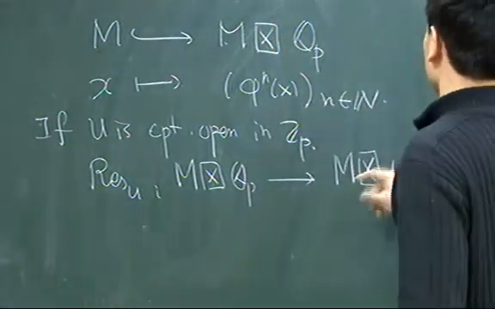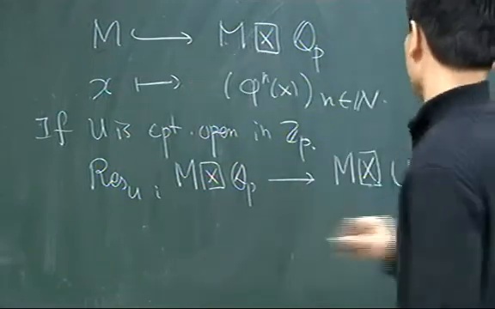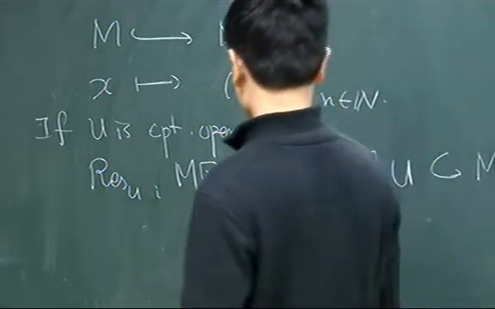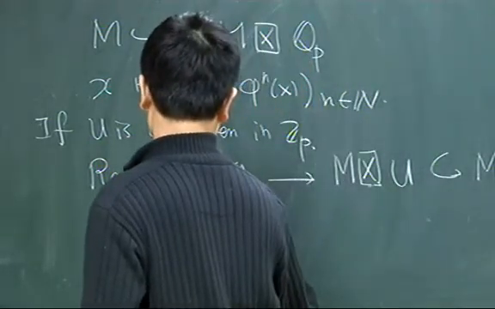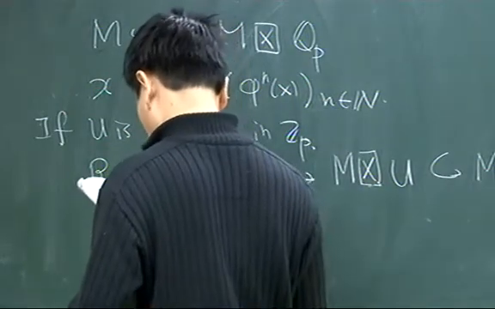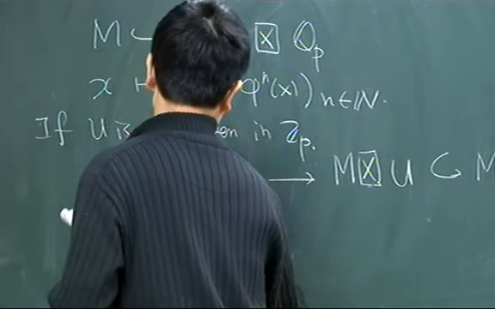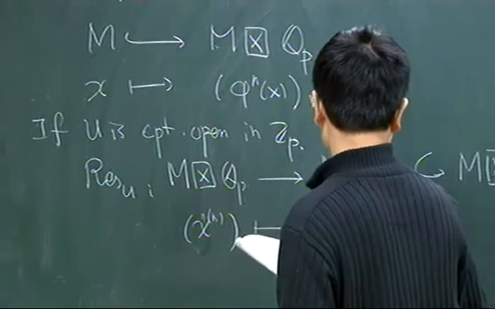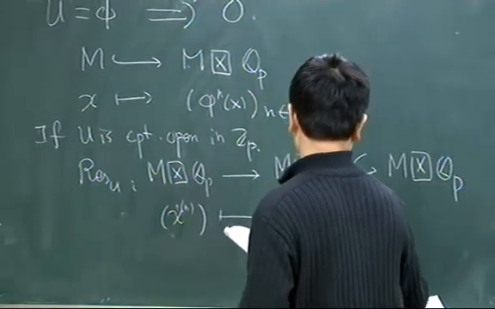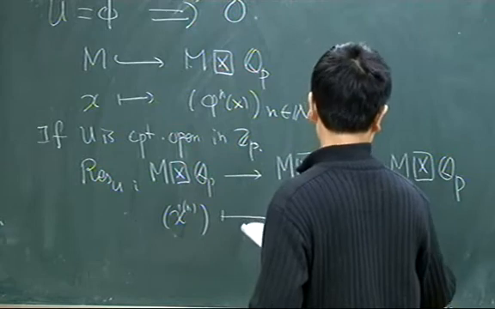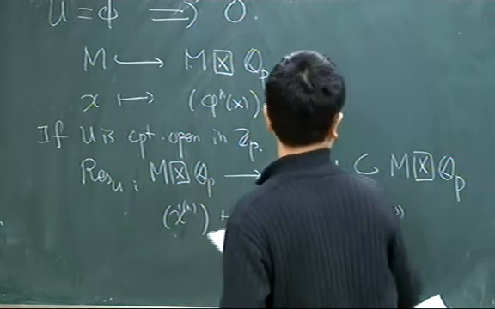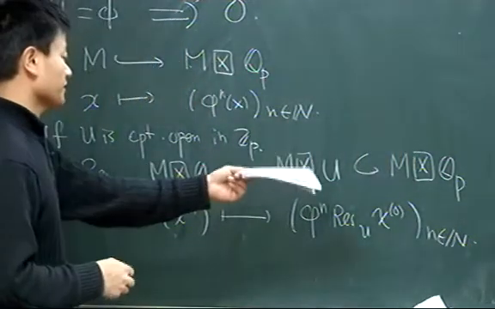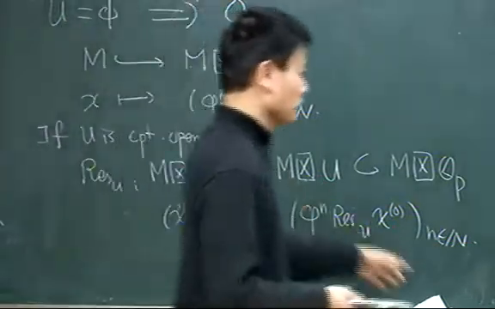Because this map is contained in Qp, right? So we just say this x_n goes to phi^n and the restriction of this U to x_n. Then this map is okay. So this map, if U is compact open.